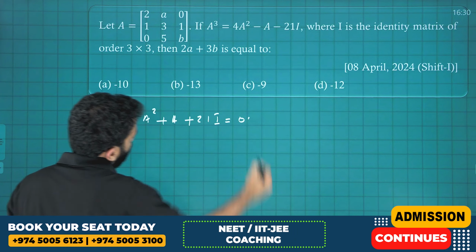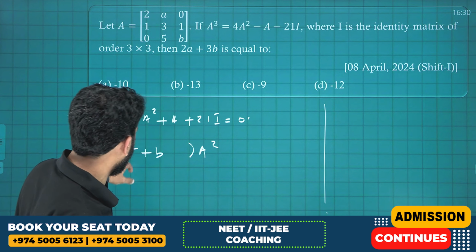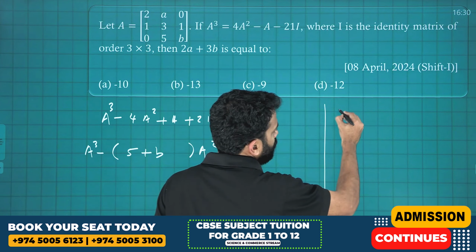Trace of A, that is 2 plus 3 plus B, 5 plus B, into A square. We can compare it now itself. There is no need of writing all of it since it's not a board exam. Therefore, minus 5 plus B is minus 4A square. Therefore, 5 plus B is equal to 4, B is equal to minus 1. You got B already.